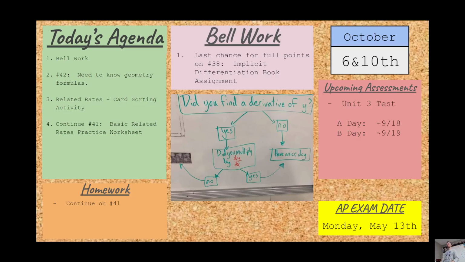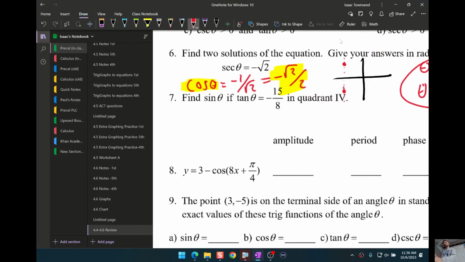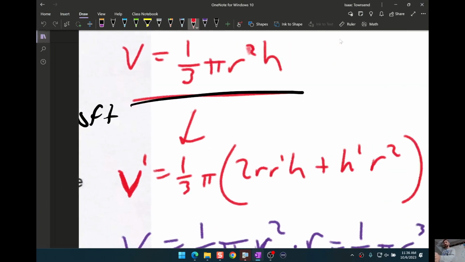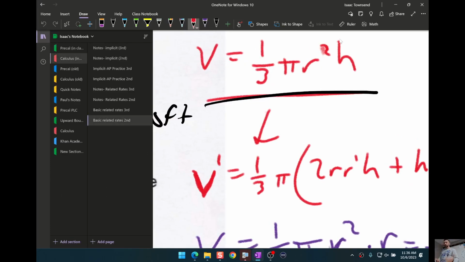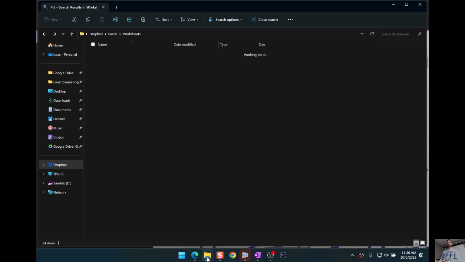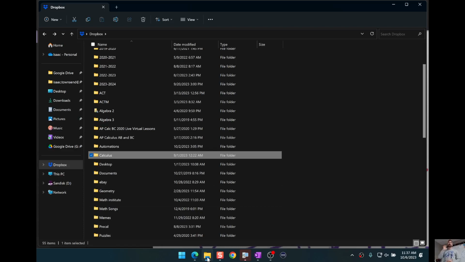All right, so this number 42, there's not too much here, and honestly, I might have to ask you to add something to it later. There are a few formulas they do not expect you to know for our AP exam, and we are very consistent with this on our test.